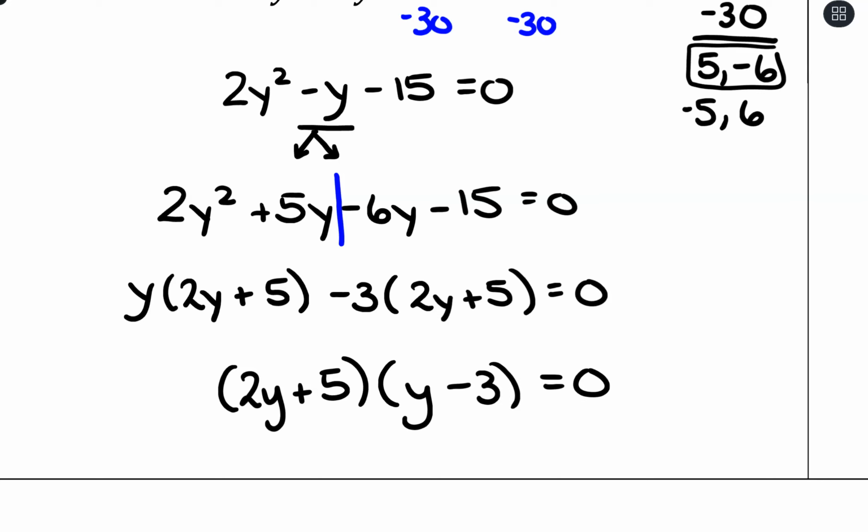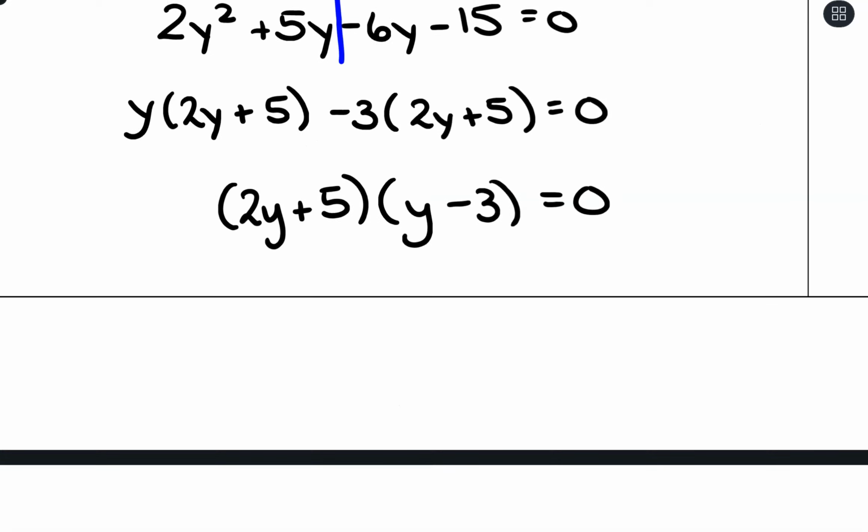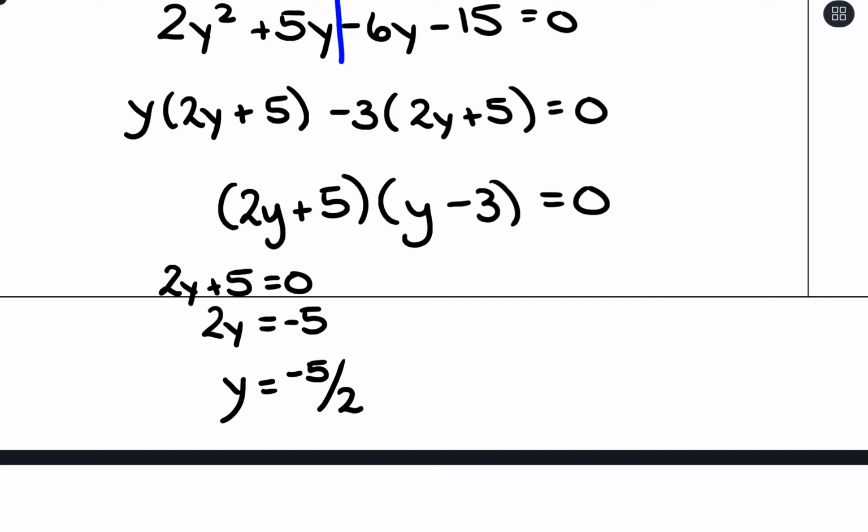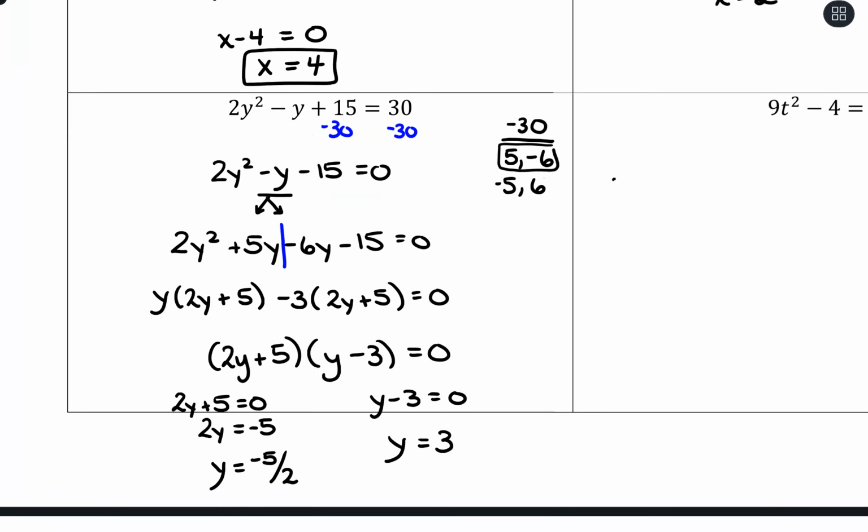And I'm running out of room because I wrote so largely, but I need to do the solving process now. So 2y plus 5 is equal to 0. Subtract 5 from both sides. Divide by 2, and we're getting y equals negative 5 divided by 2. And then we also have y minus 3 equals 0. Add 3 to both sides. And y is positive 3 for our two solutions.